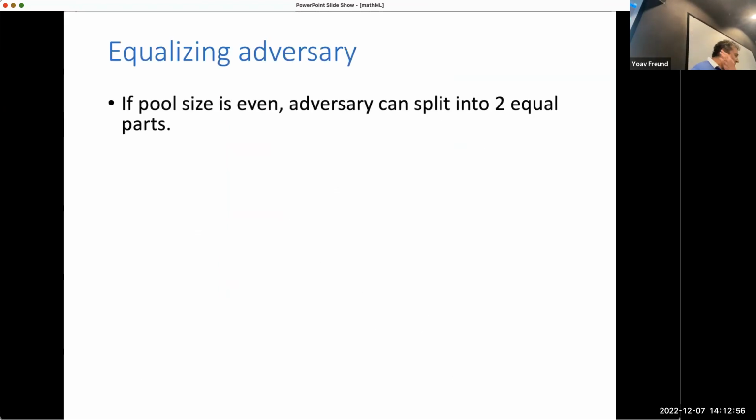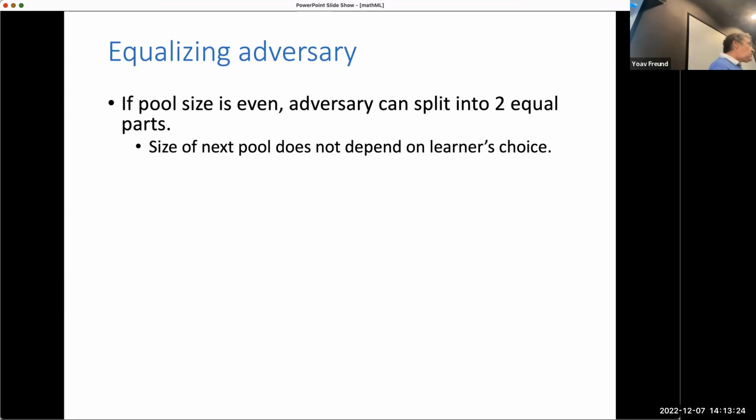So even though this is min-max, this is just a warm-up example, I'm going to be greedier. And I want to say that I want an equalizing adversary. So I want the adversary to be such that it can always split things exactly into 2. If it's integer things, then if it's odd, it can't split exactly into 2, but I'm going to just assume that it can.